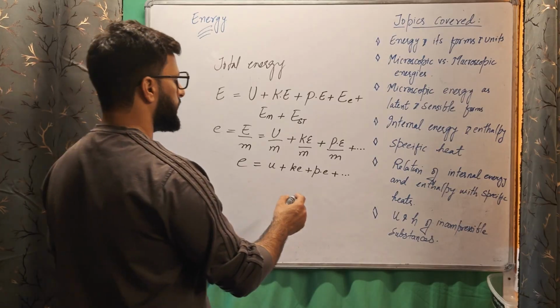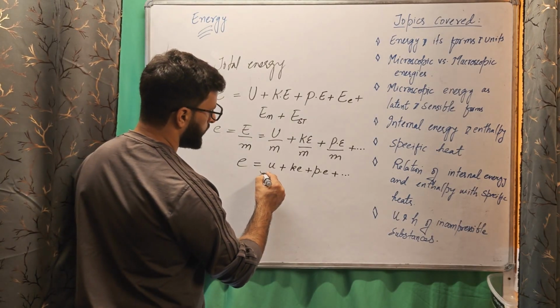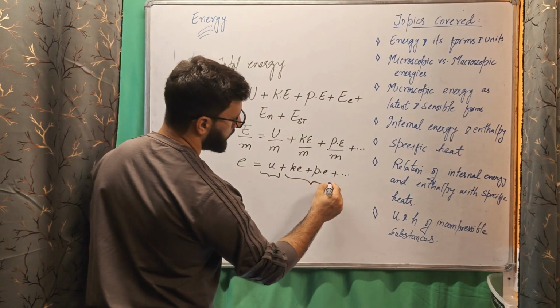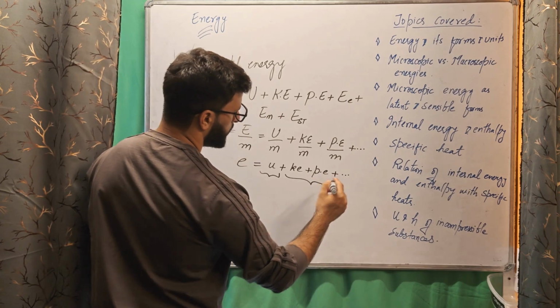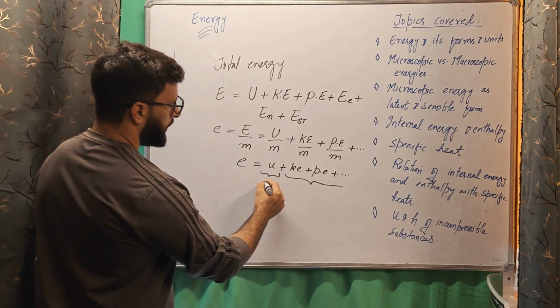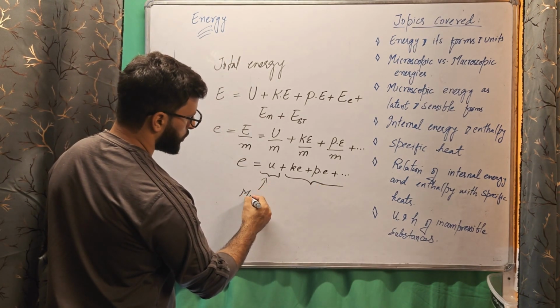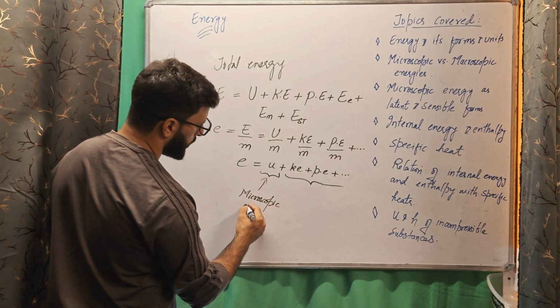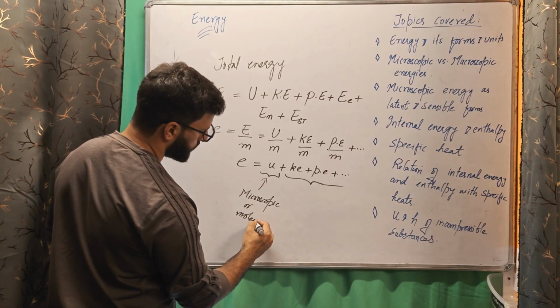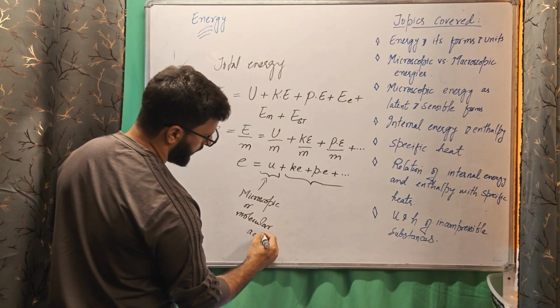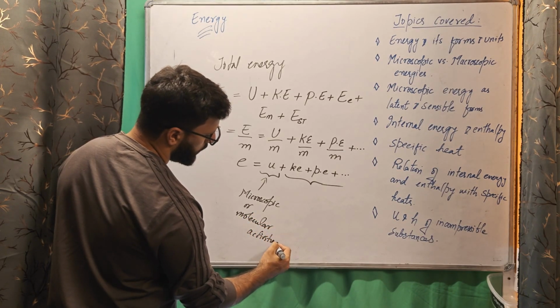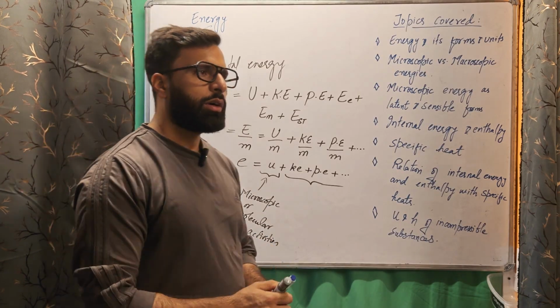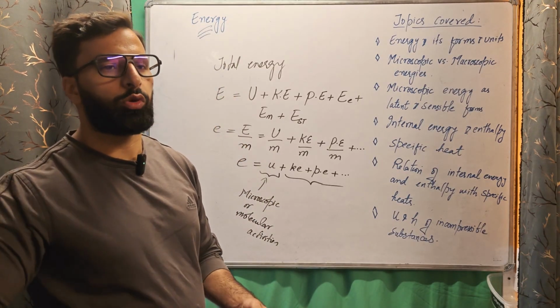Now this total energy consists of two parts. One, this part, and another, this part. The internal energy is associated with microscopic or molecular activities, which means molecules of a system are in random, constant motion.